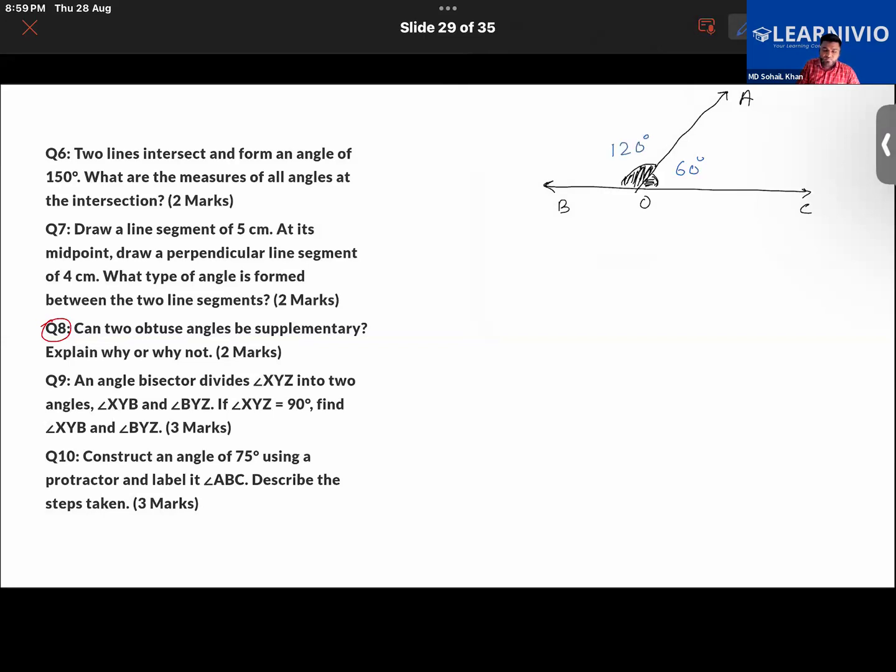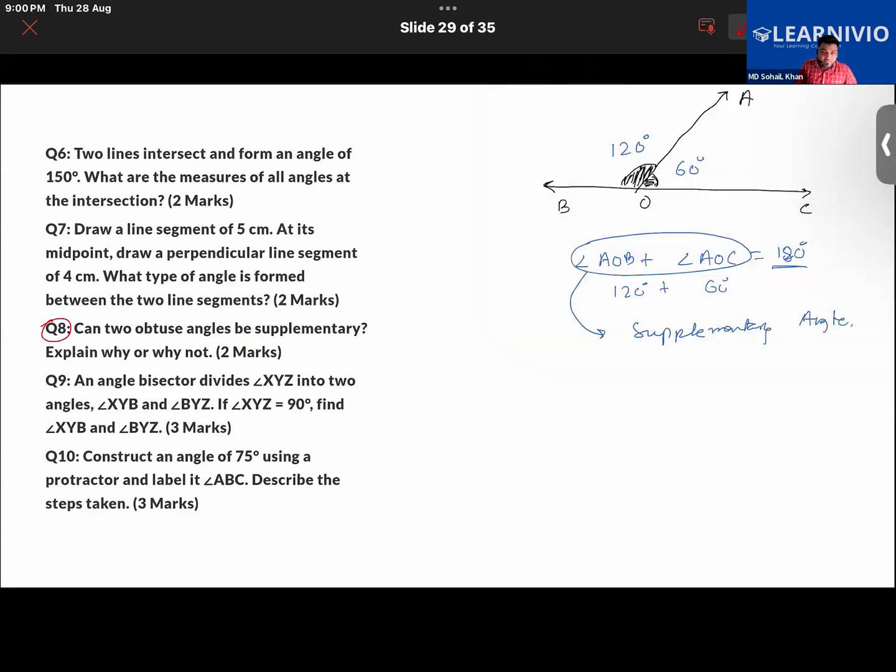So supplementary angles are two angles that add up to give you 180 degrees. Getting it now? So here angle AOB plus angle AOC is equal to how much? 120 plus 60, and that is 180, right? Yes. So we are calling these two angles supplementary angles.